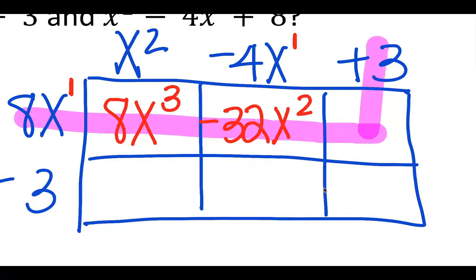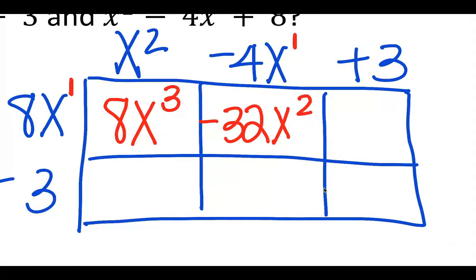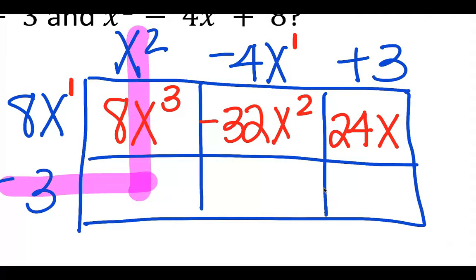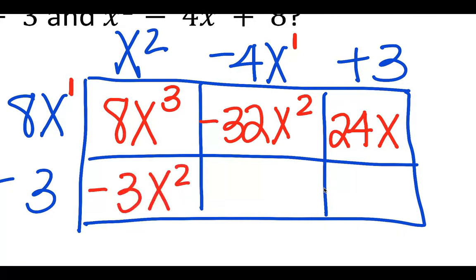3 times 8x, multiply the numbers, and I'm going to get 24, and then just 1x. x squared times negative 3 is going to be negative 3x squared.